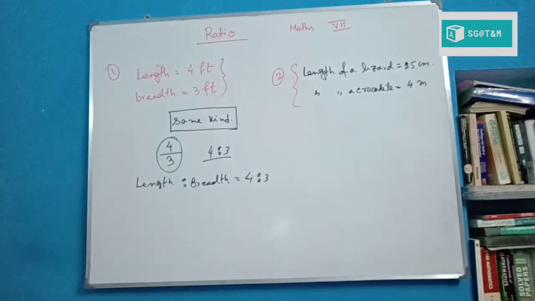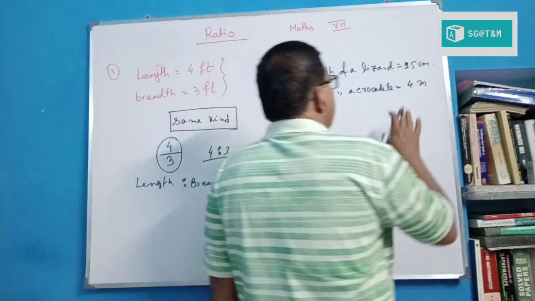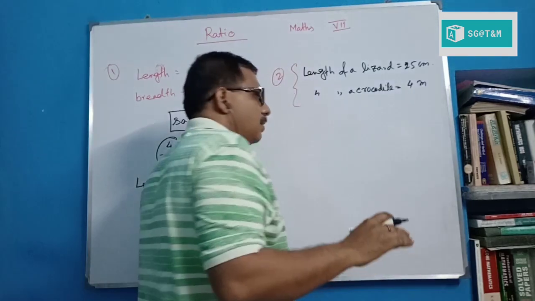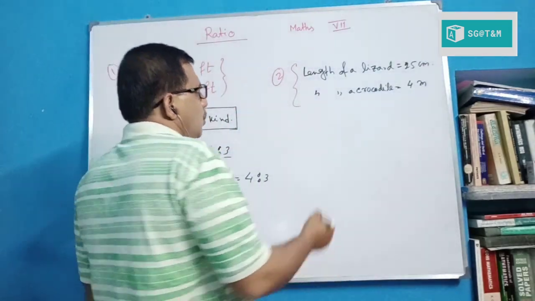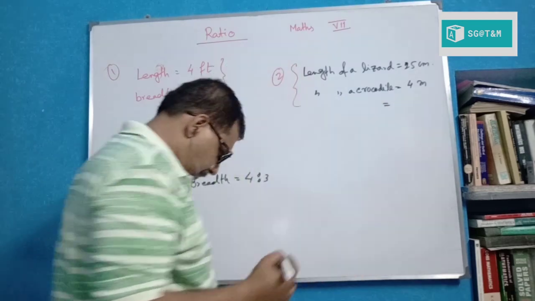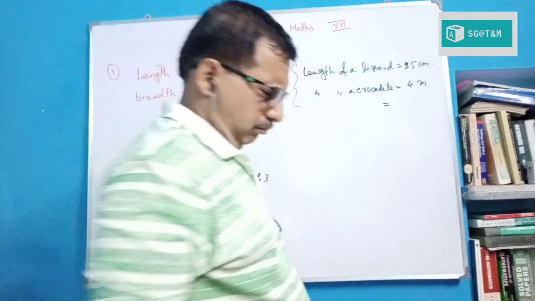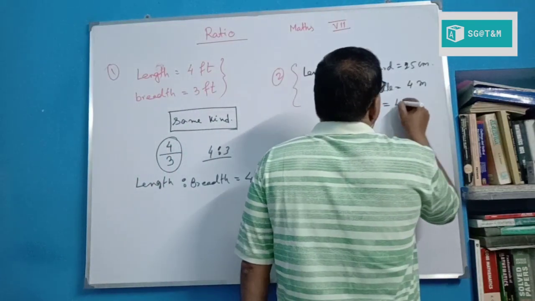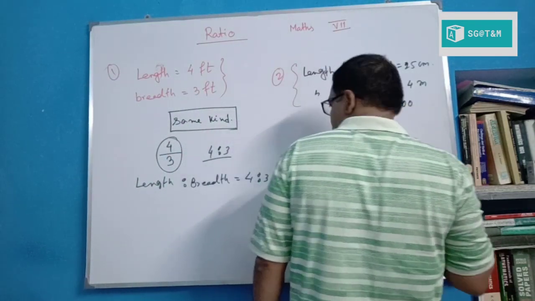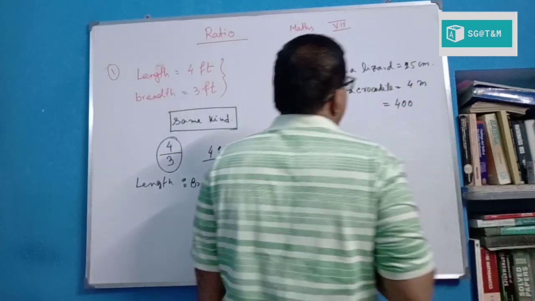This is the symbol of "is to". In the second case, you must convert into the same unit. If we convert 4 meter to centimeter, it is very easy. 4 meter is equal to how much centimeter? 400 or 4000, which one? 400.